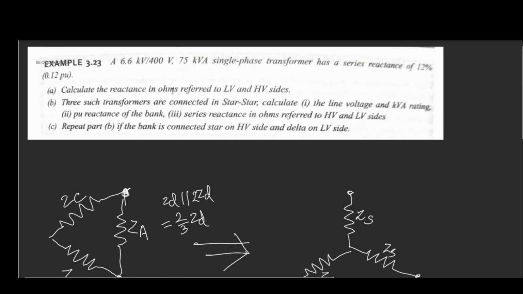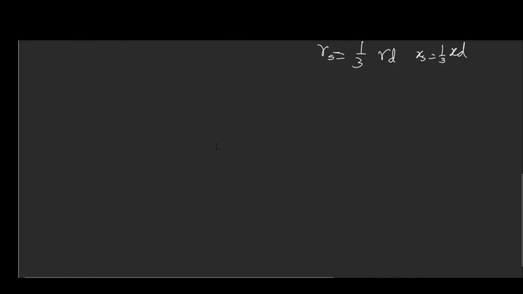So how to solve that second part? As I told you, we should consider the high voltage side. What is the high voltage side voltage? Now individual transformers have 6.6 kV.